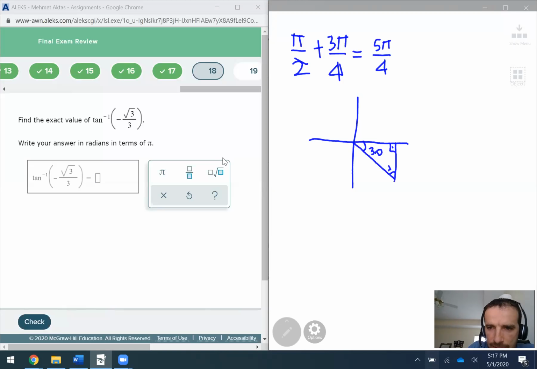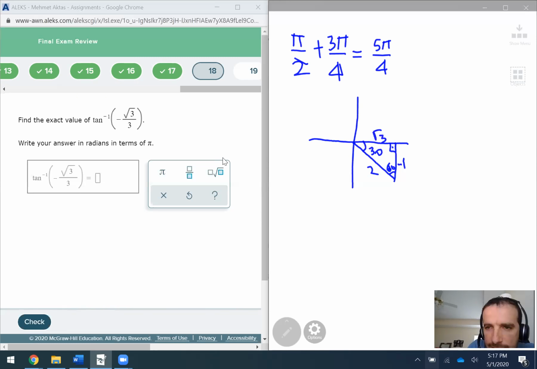This is 60. So this is 1, root 3, and 2. Of course, this should be negative 1, right? This is negative y coordinates.